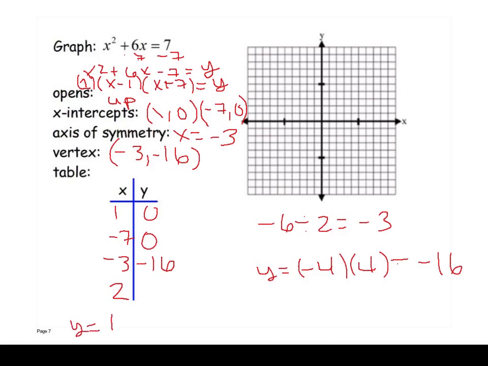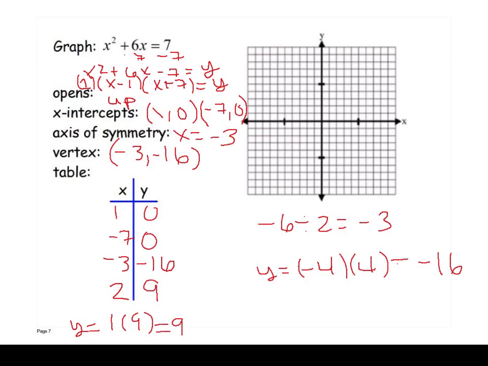And then 2 plus 7 is 9, and that gives me 9. So the point I chose has 2, 9 as its xy values.